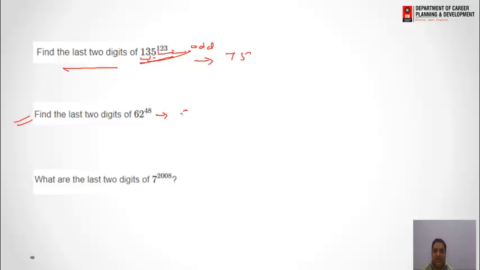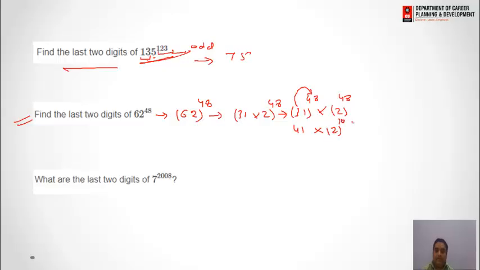62 power 48 can be written as 31 into 2 power 48, that simplifies as 31 power 48 into 2 power 48. Now 31 power 48 gives us 41 as the last two digits, whereas 2 power 48 can be written as 2 power 10 power 4 multiplied by 2 power 8.